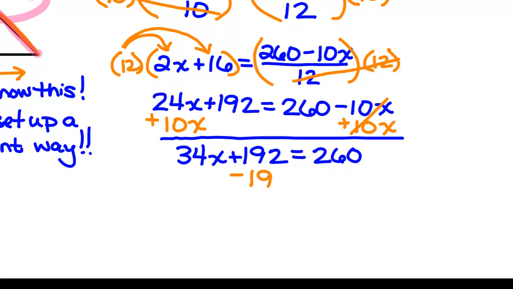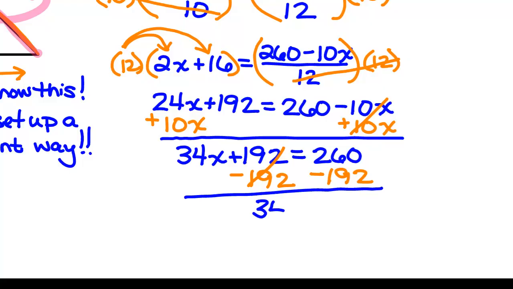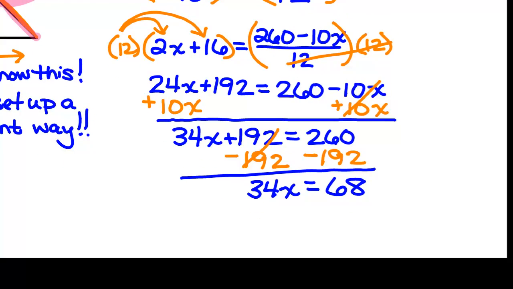Then I'm going to minus 192 from both sides. And I get 34x equals what? 68. Finally, we're going to divide both sides by 34. What do we get for x? X is 2.